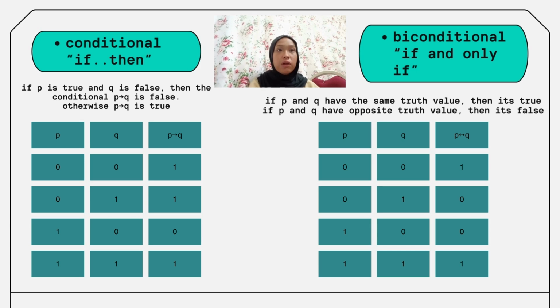For if and only if, if P and Q have the same truth value then it is true. If P and Q have opposite truth values, then it is false. For the truth value of P biconditional Q: P is 0011, Q is 0101, so P if and only if Q is 1001.